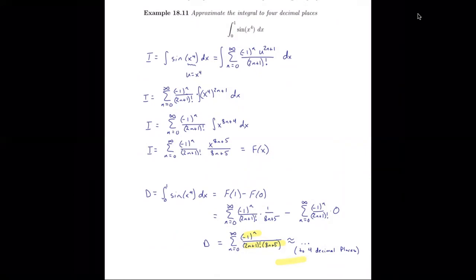And once you find that term, then you just add up the terms that came before it, because an alternating series is bounded by the first term of its tail. Remember, it's bounded by b sub n plus 1. So definitely have a look back at section 8.4, I believe it is, where we did some of that approximation to be able to complete this approximation to 4 decimal places.